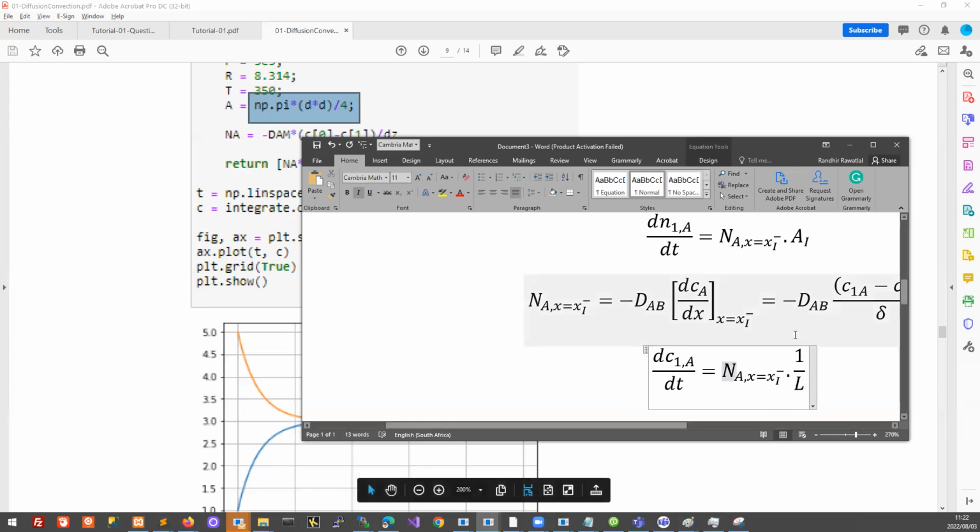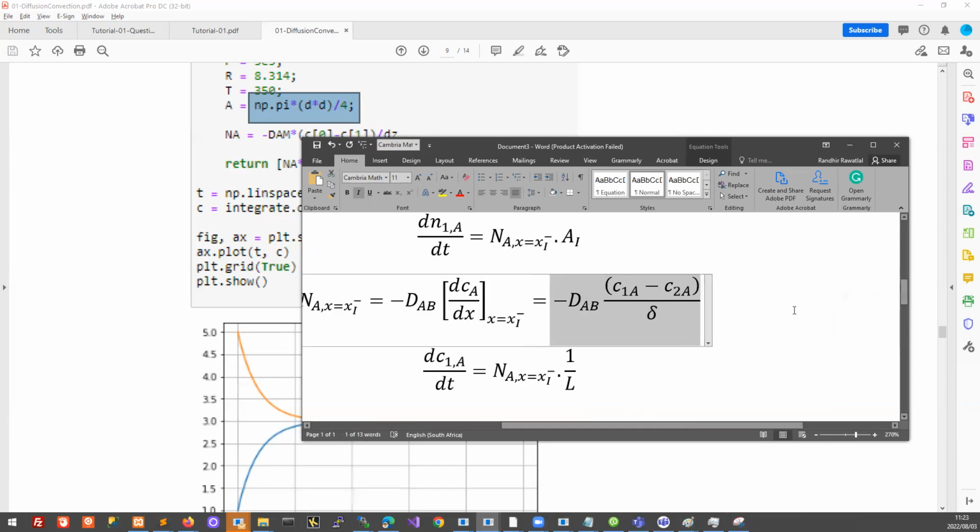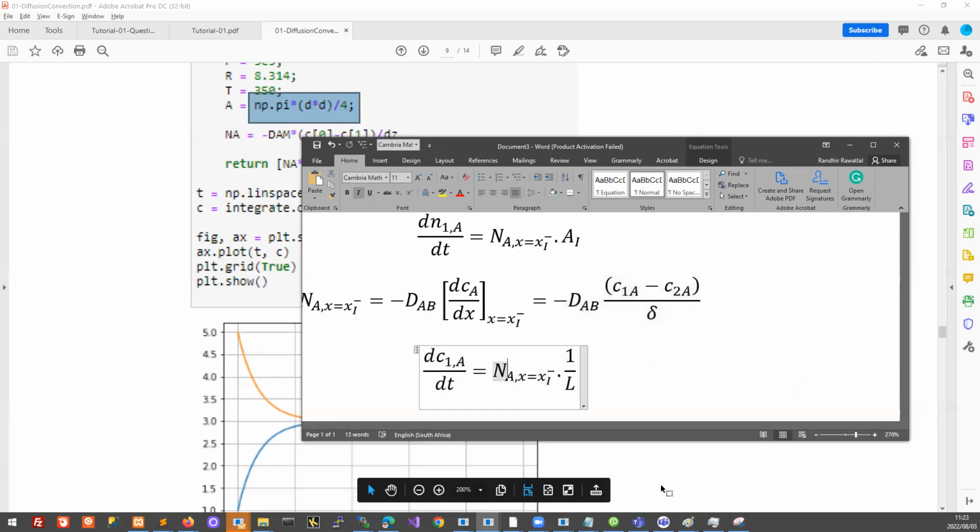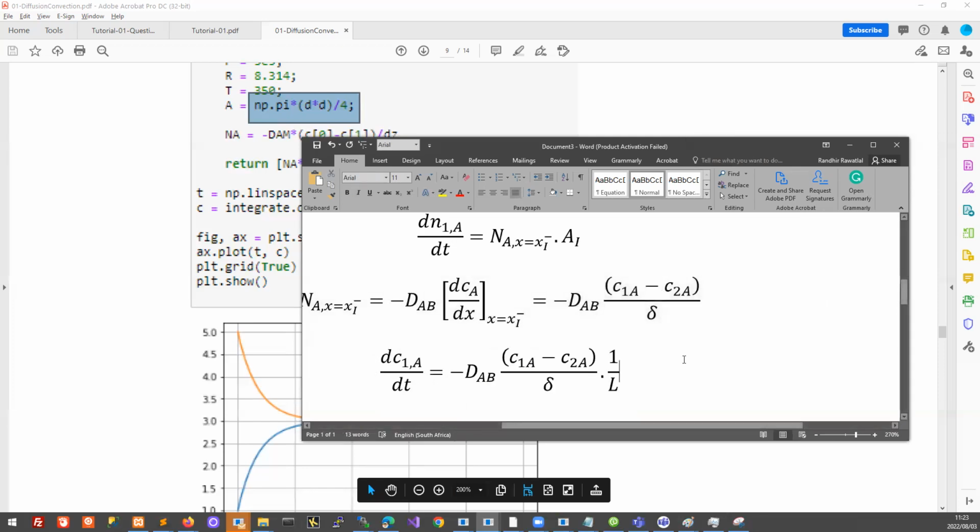And this is replaced by this expression. So that's how we can write the balance on the first cell.